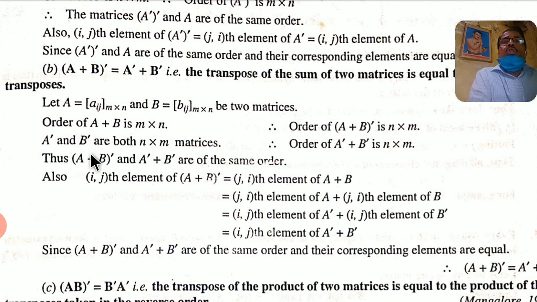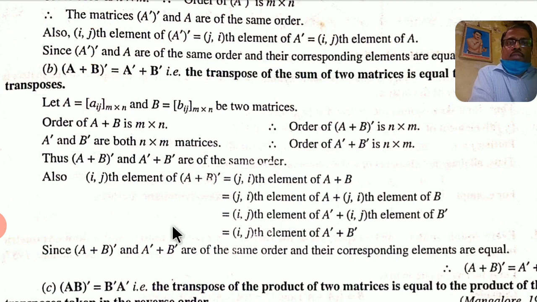When you add these two, A dash plus B dash is again of order n cross m. So A plus B whole dash and A dash plus B dash are both of order n cross m, and therefore these two matrices are equal: A plus B whole dash is equal to A dash plus B dash. So that's all.